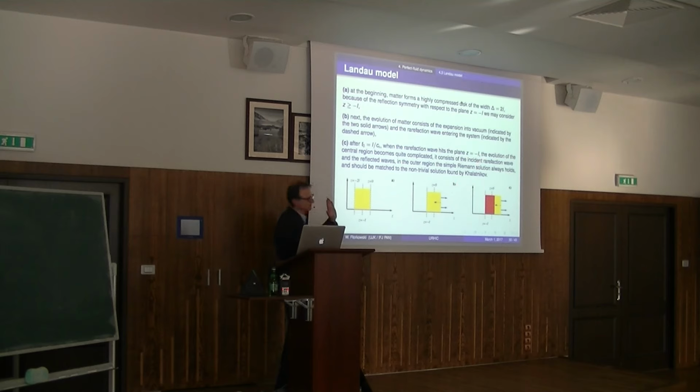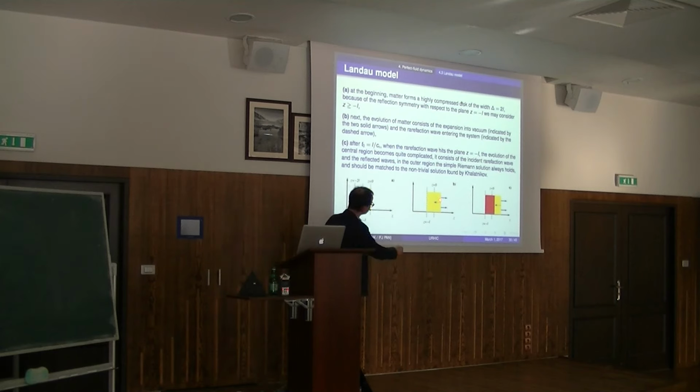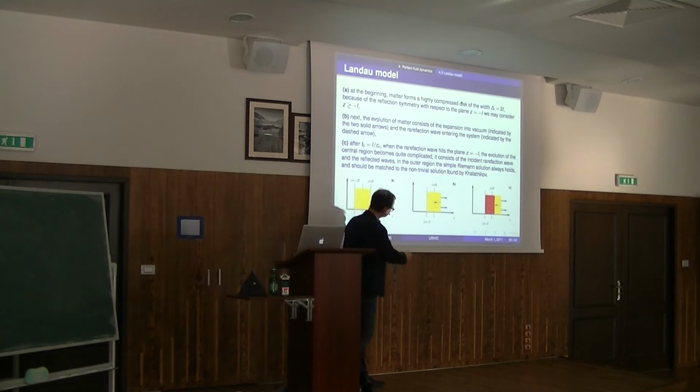Because of the symmetry, we are interested only in the region larger than z equals minus L. At the beginning there is a rarefaction wave which enters the system. The edge moves out with the speed of light, and the rarefaction wave enters with the sound velocity.